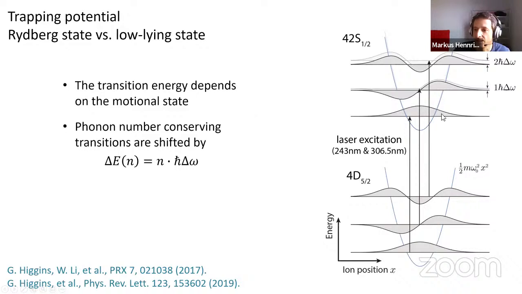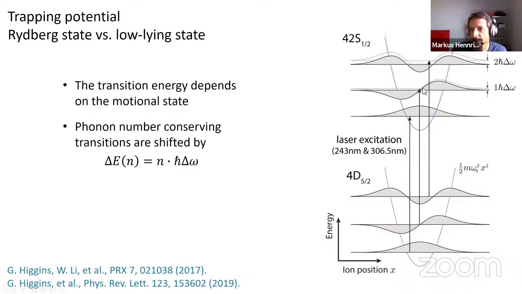Since these wave functions here are still more or less very similar to the wave functions down here, you almost only have transitions from 0 to 0 and from 1 to 1 and from 2 to 2, because the other levels here are more or less orthogonal to that.